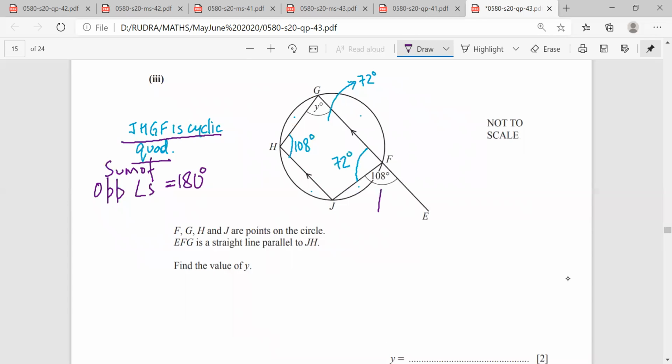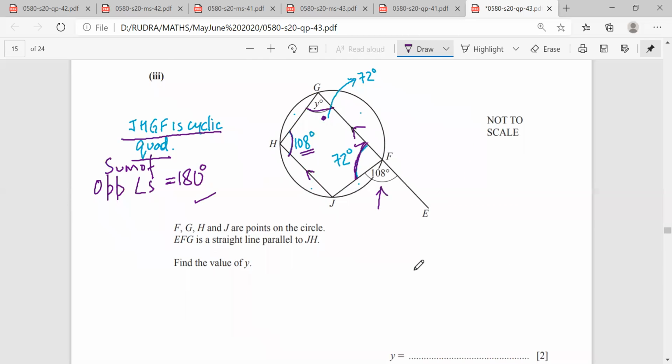Now, if this is 108 degree, this would be 72 degree because it makes a linear pair. Now, if this is 72 degree, this needs to be 108 degree because of this property. This line is parallel to this line. So if this is 108 degree, the remaining angle that I have is 72 degree. So this will be 72 degree. Any doubt? No, sir.